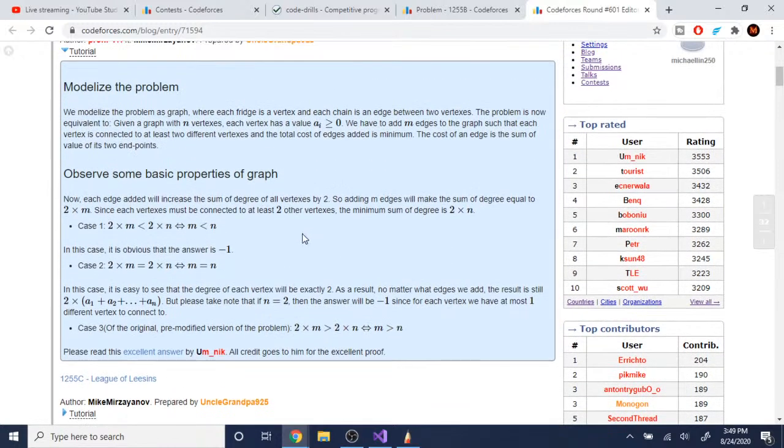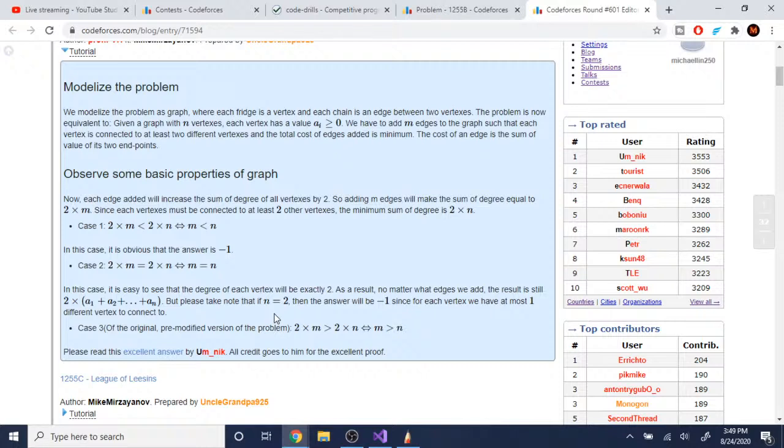If we have to add m edges such that the cost of each is the sum of its two endpoints. So if n is equal to 2, then the answer would be -1. Why is it? Because for each vertex, we have at most one different vertex to connect to. We have only one different vertex to connect to.